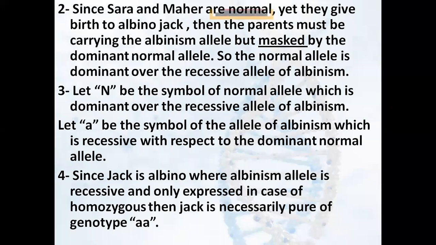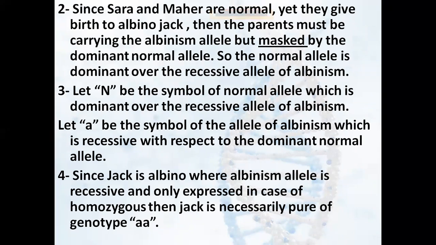So the normal allele is dominant, and the allele of albinism is recessive. Designate by symbols. Let N capital be the symbol of the normal allele, which is dominant over the recessive allele of albinism. Let a small be the symbol of albinism, which is recessive with respect to the normal dominant allele.